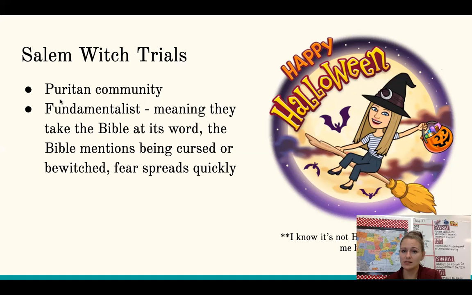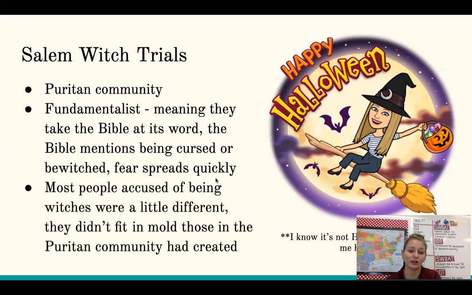They were fundamentalists, meaning that they believed that exactly what the Bible said is exactly what the Bible meant. In the Bible, there are mentions of being cursed or bewitched, and because of that, they fervently believed in this. Once they start believing that there are witches around, that spreads a lot of fear very quickly.